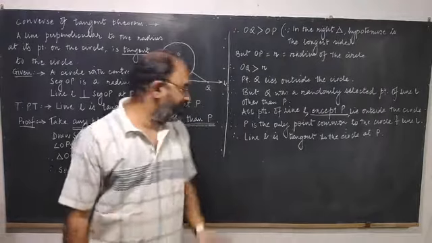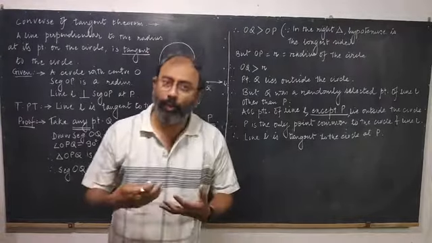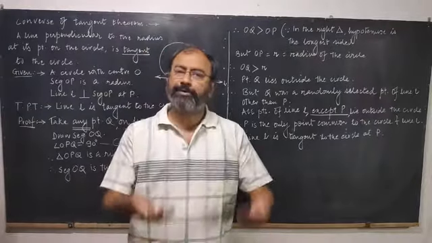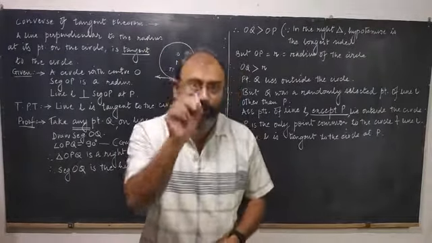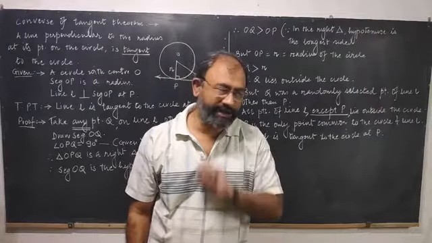So therefore point P is the only point common to the circle and the line. Why common? Because it is the outer end of the radius, so it is on the circle.